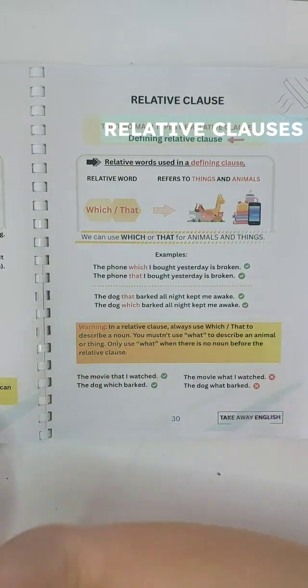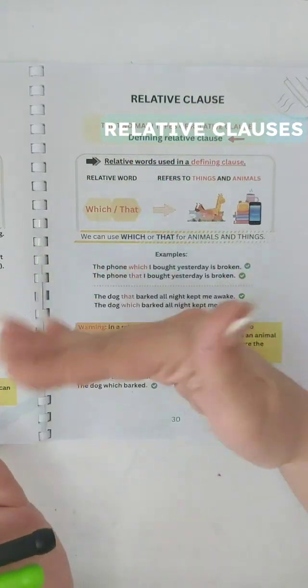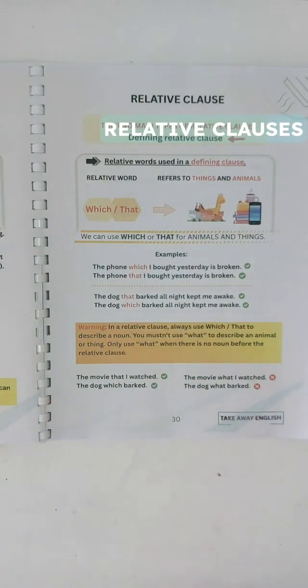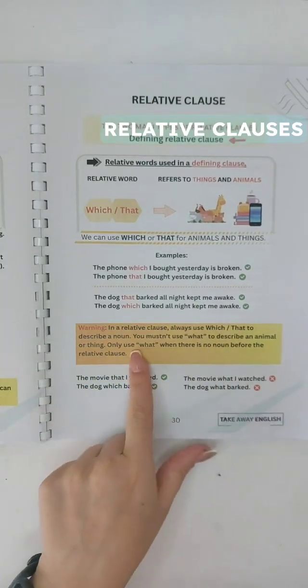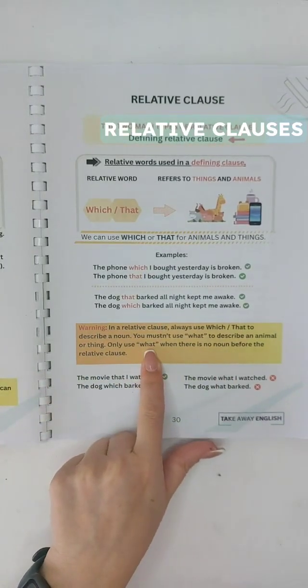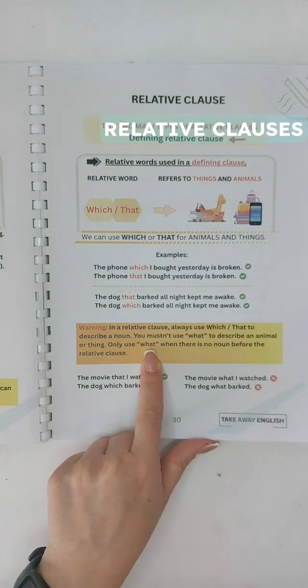Without what? It's another story, it's another grammar topic when we can use what instead of nouns, right? But with the relative clauses, we never use what. Okay?